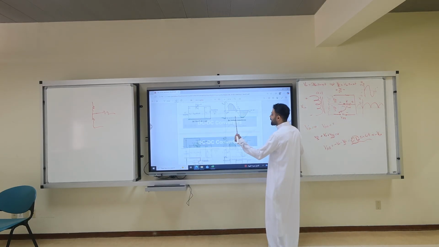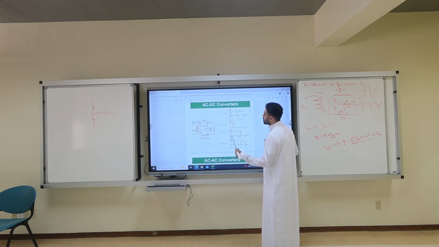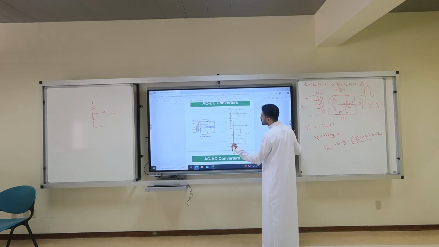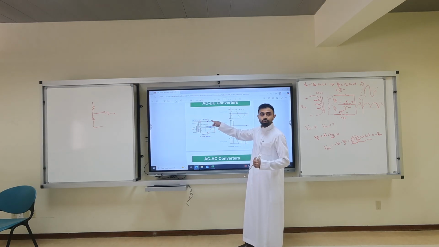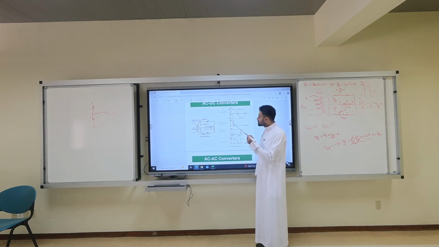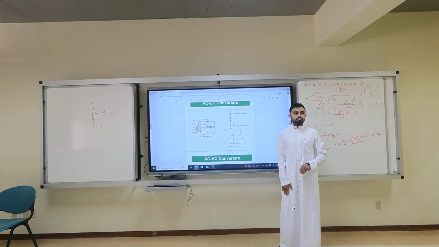So if you notice here, we apply a positive pulse. Before that, the output is 0, even though we apply positive. Here it's positive. Even though it's positive, it will not be on unless you send a pulse to the gate of the thyristor. So a thyristor is a diode plus a gate.